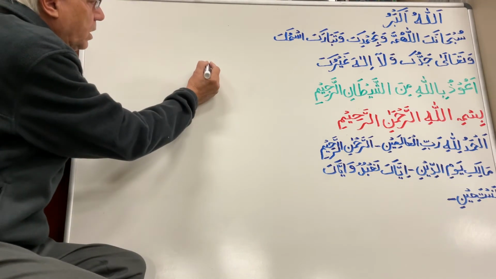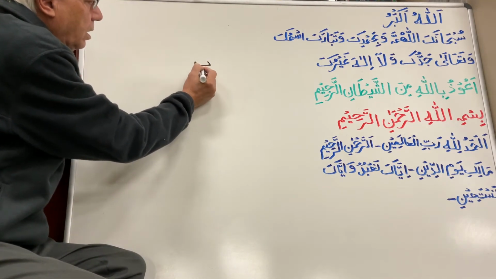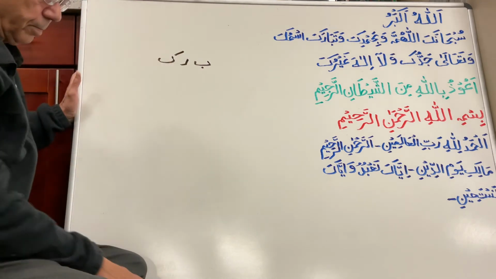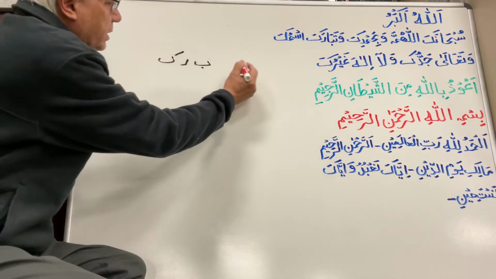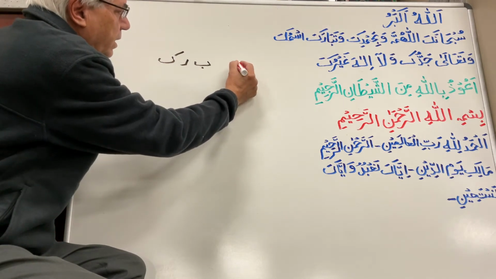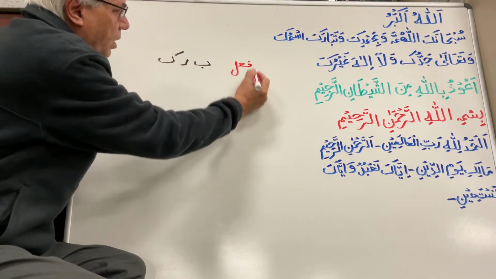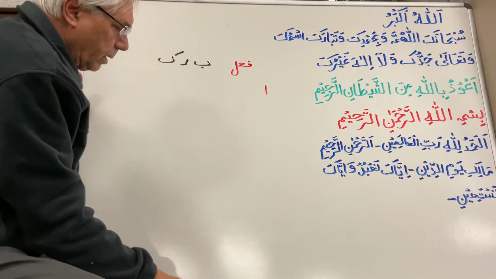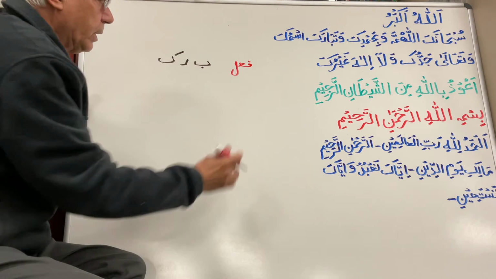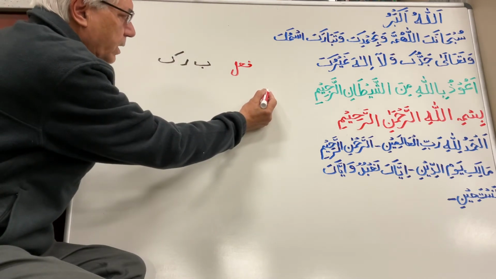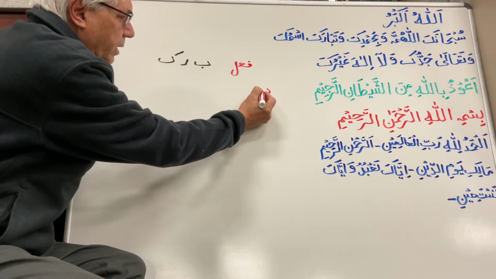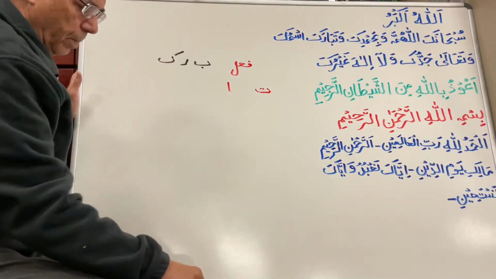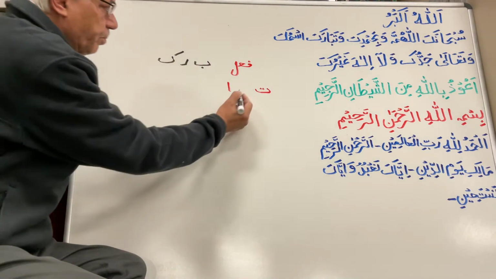Next word is ba, ra, and ka. Okay. Baraka. Now these are three letters and they belong to Bab Fa'ala. We are going to make a bigger word, and we have seen how to make the bigger word, but in this case we are making a bigger word by adding these two letters, ta and alif.